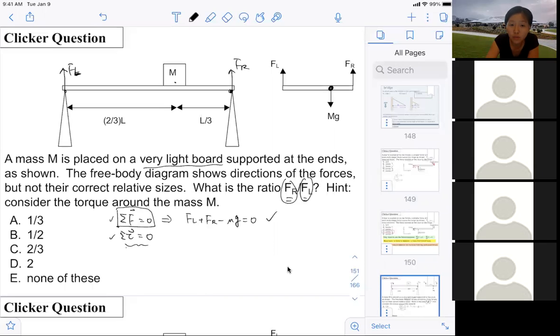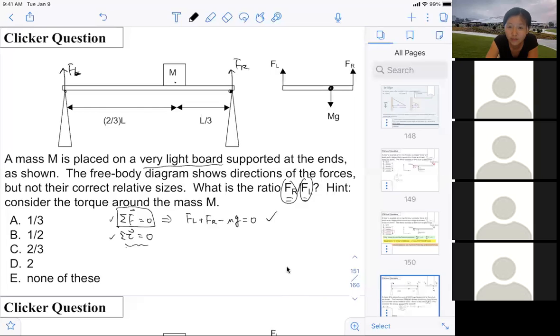So they have to generate equal torque in order for it to be balanced. So just by looking at the diagram, which force has to be bigger in order for the torque to be balanced? The force on the right has to be bigger, or the force on the left has to be bigger? Force on the left, so it doesn't tip over.